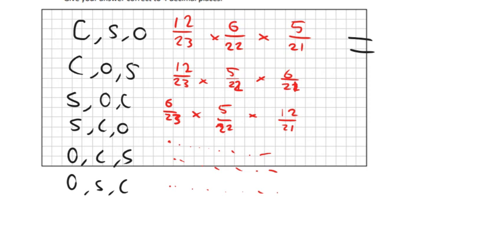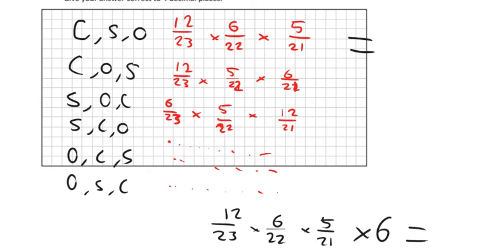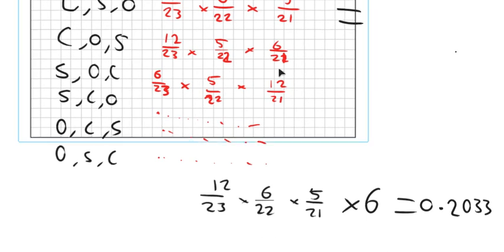So what you do is 12 over 23 times 6 over 22 times 5 over 21, and then times that by 6, and just do all of it together on the calculator. When you do that, you should get 0.2033, and that's to 4 decimal places again. That's what they wanted in the question, so that's it, and that's everything for that question.